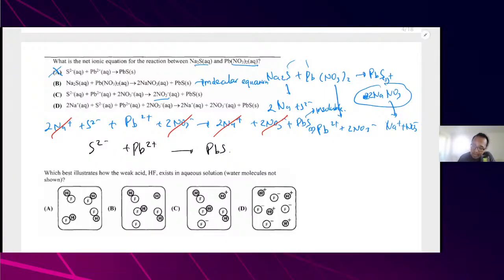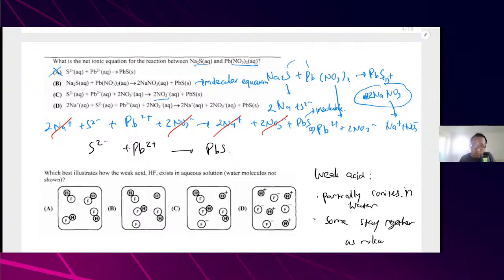A weak acid will be partially ionized in water, and that means some stay together as molecules.